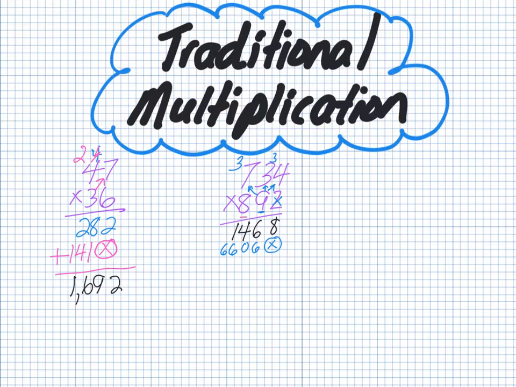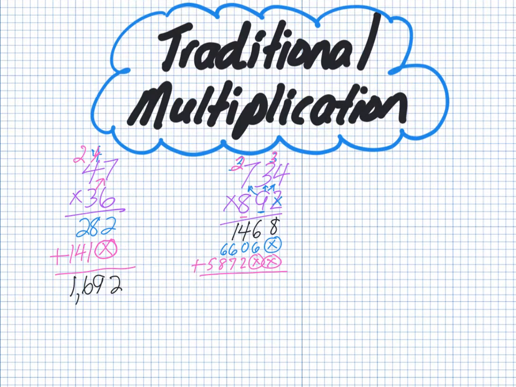And now for my last number, it's 8, but it's not 8, it's actually 800. So we need to block off 2 spots now, with 2 zeros or 2 X's. And now we do 8 times 4 is 32, carry the 3. 24 plus 3 is 27, carry the 2. 56 plus 2 is 58.